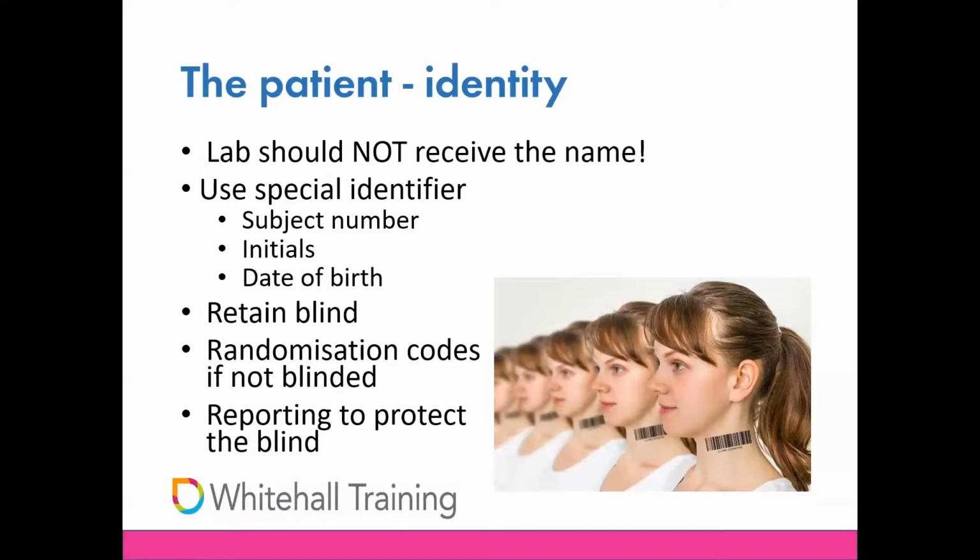This can be done as simply as putting them in a safe or a locked drawer, or through the control of access if these are electronic codes. Think about reporting the results in a way that they can't inadvertently lead to unblinding.